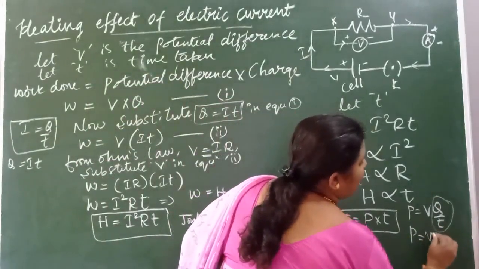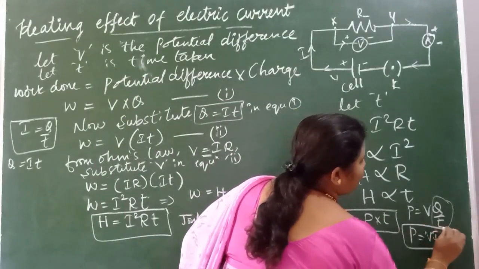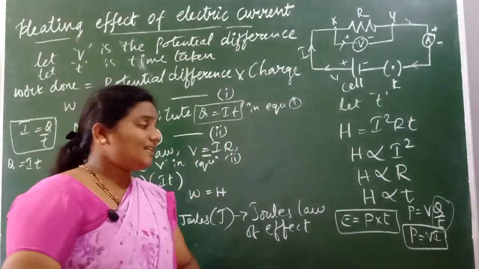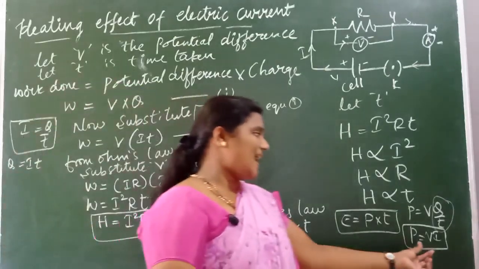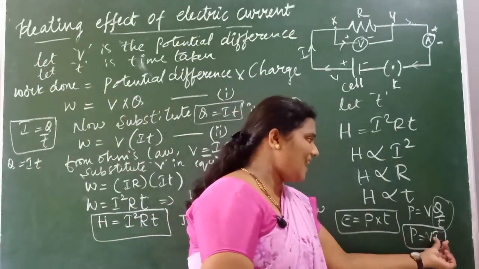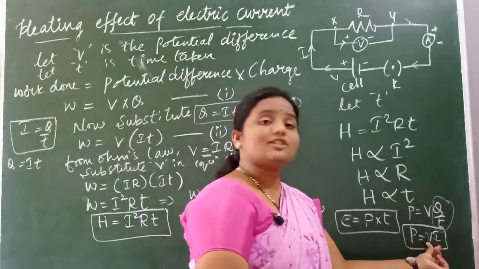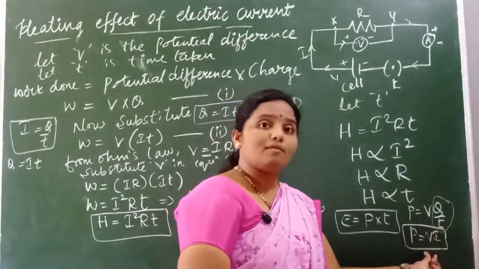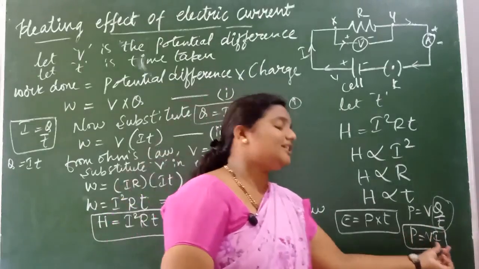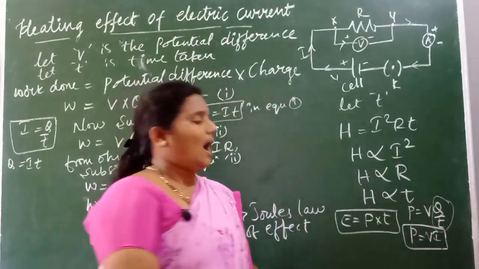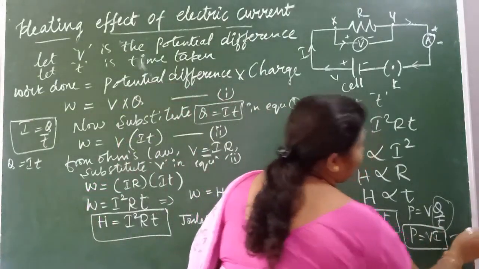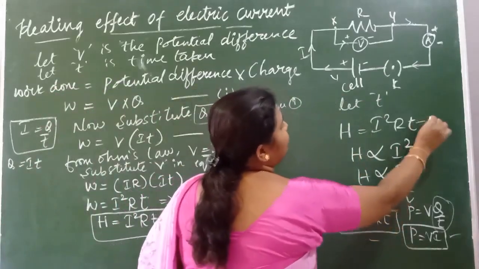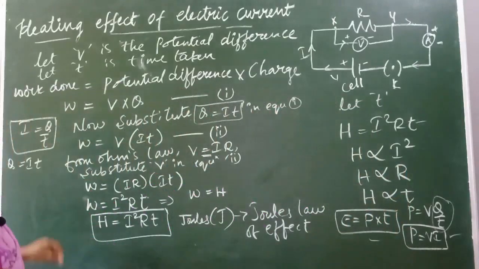So we can write that power P is equal to V into I. It means that if the source has to spend an energy equal to VQ in time T, the value of power can be written as P is equal to V into I. So dear children, please remember these formulas 1, 2 and 3, isn't it, children?